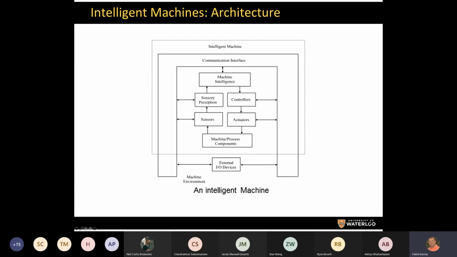Between the sensory systems, the sensory perception, and the communication interface, the information goes to the machine intelligence, the brain of the system, then the controller and the actuators, and all of it goes through the communication interface. So this is a particular architecture that we design for an intelligent machine system.